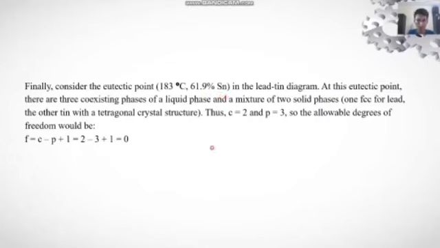At this eutectic point, there are 3 coexisting phases: a liquid phase and a mixture of 2 solid phases, one FCC for lead, the other tin with a tetragonal crystal structure. Thus, C equals 2 and P equals 3, so the allowable degrees of freedom would be F equals C minus P plus 1 equals 2 minus 3 plus 1 equals 0.